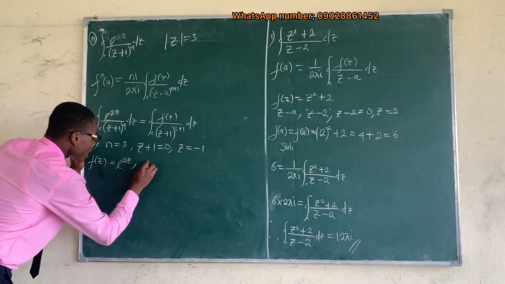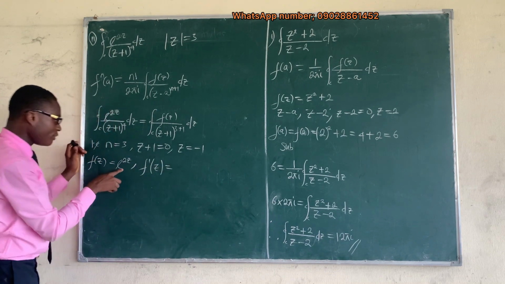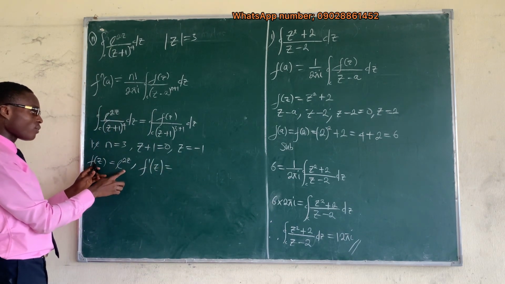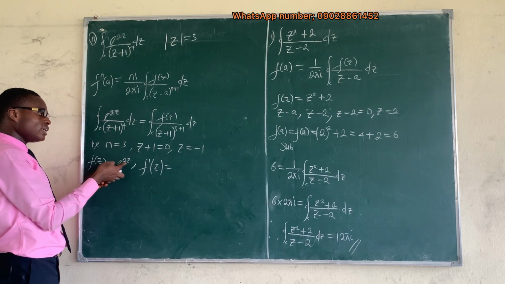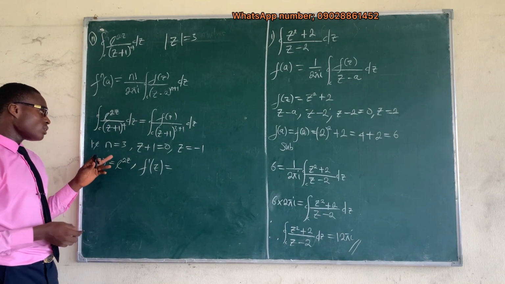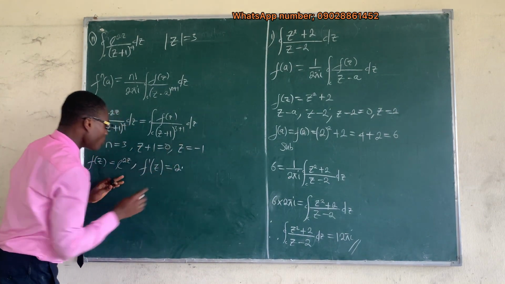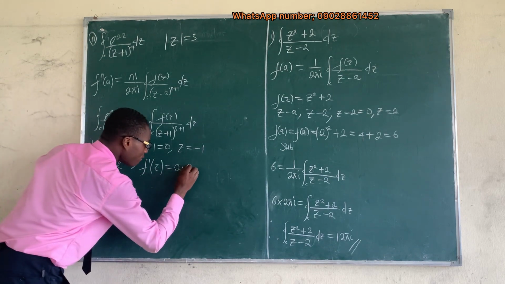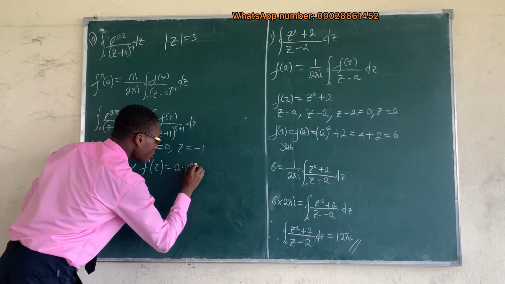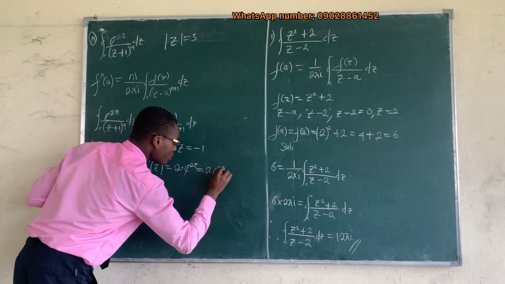So the first one, we have f prime of z will be equal to, if you differentiate exponential function, don't forget, you differentiate the index and multiply by the derivative of the index. So if you take the derivative of the index, you are going to have 2. Then you multiply it by the function itself, exponential 2z. So you are going to have 2 exponential 2z.